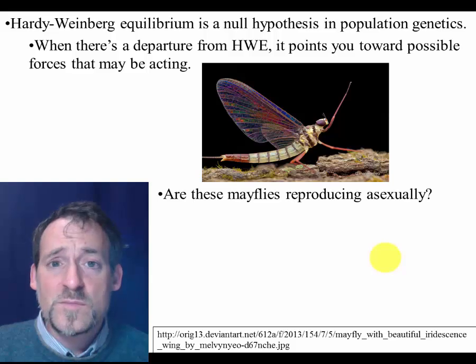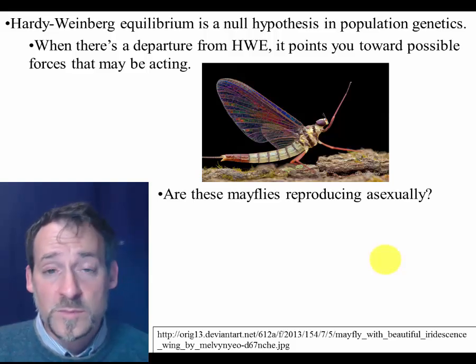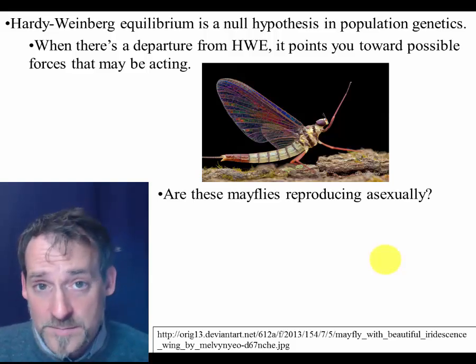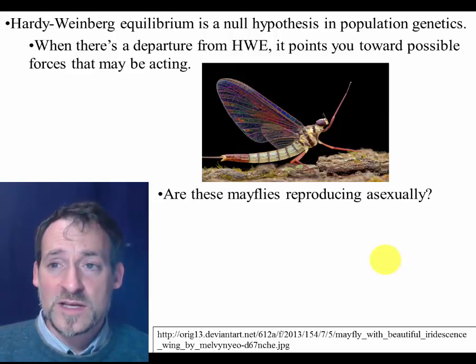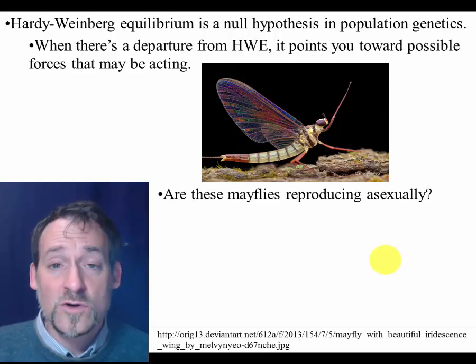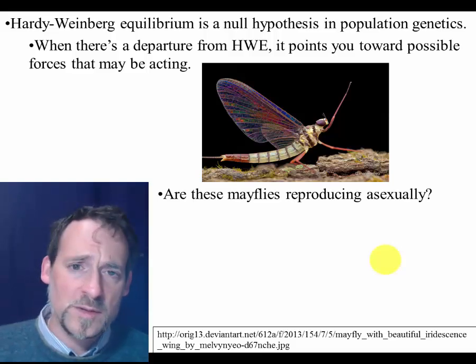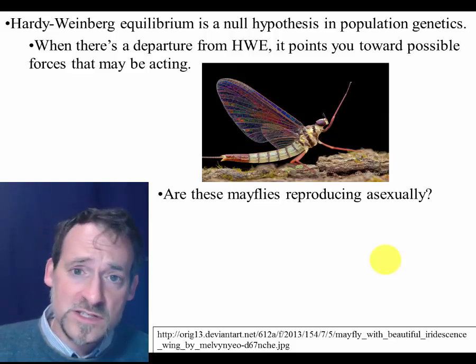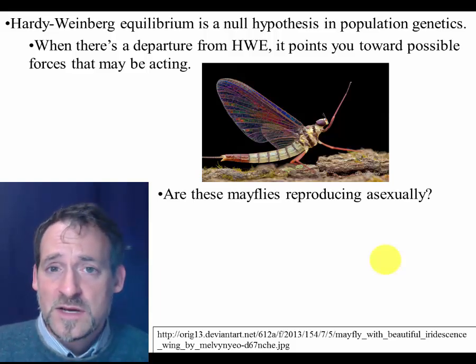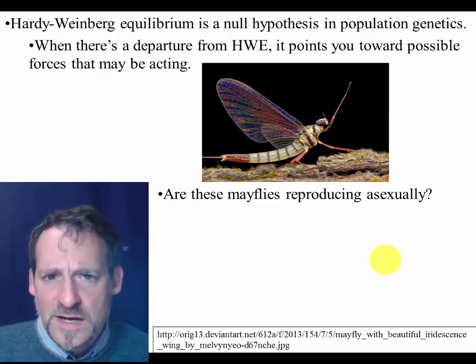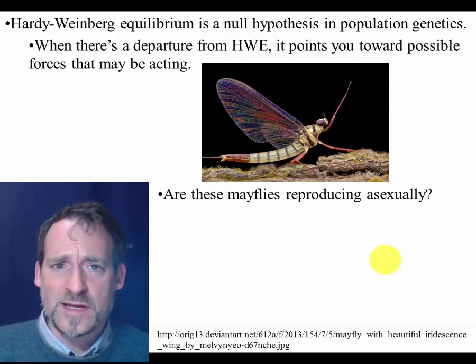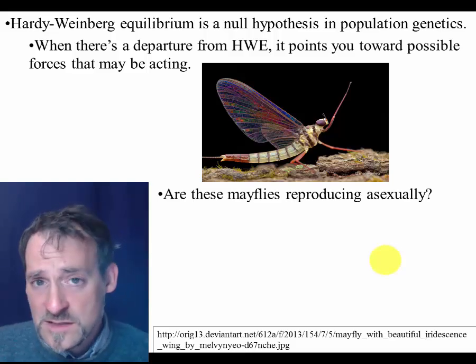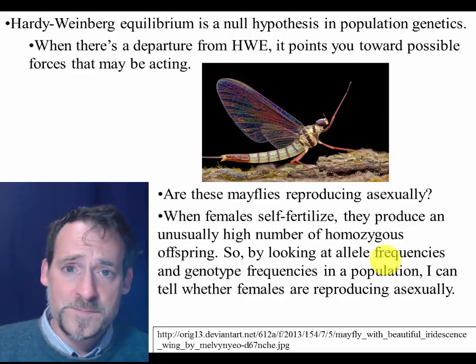Self-fertilization is basically the most dramatic form of inbreeding, or positive assortative mating. And when you have positive assortative mating, you get a higher frequency of homozygotes than you would expect in a population. So by looking at allele frequencies and genotype frequencies in a population, I was able to determine that yes, in fact, it did look like mayflies are reproducing asexually in some of the populations I study.